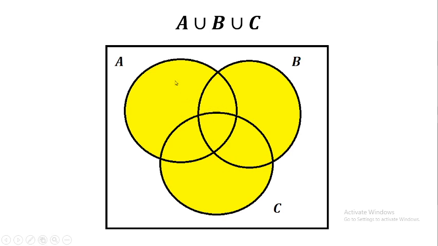The combination of all the elements here represents the union of the three sets: A union B union C. So all this colored area represents A union B union C. If you are looking for A union B union C, that means you need to combine all the elements in the three sets together without repetition. I hope you understand that as well.